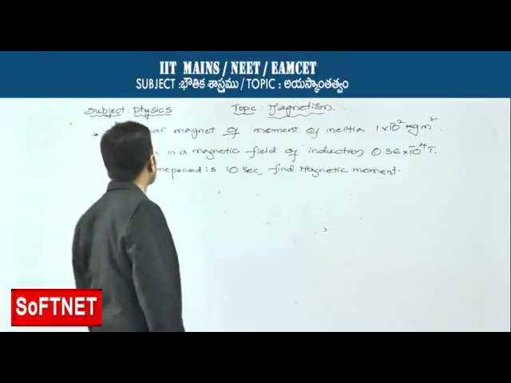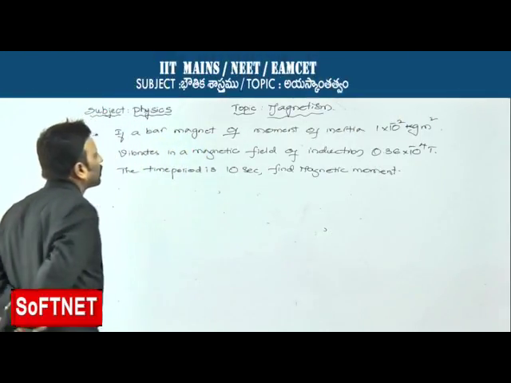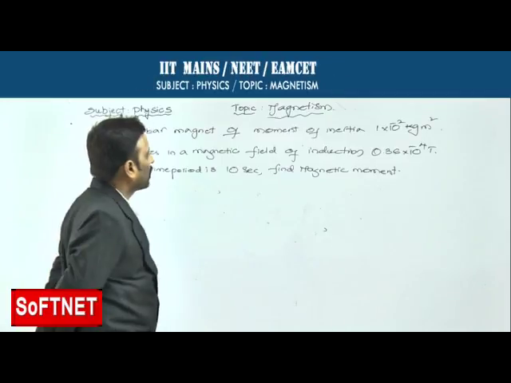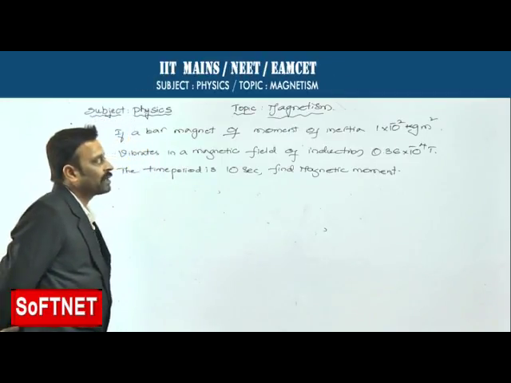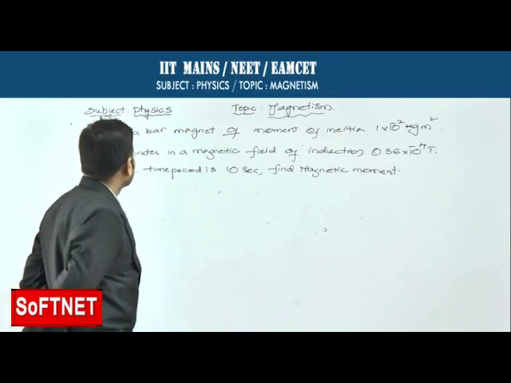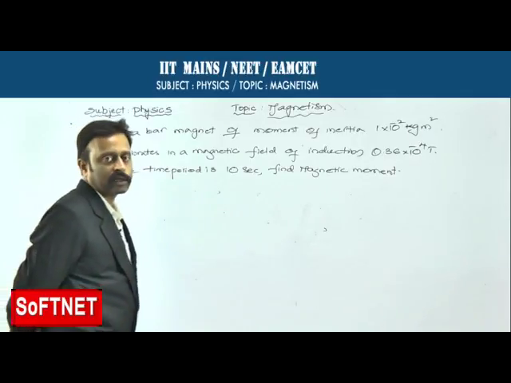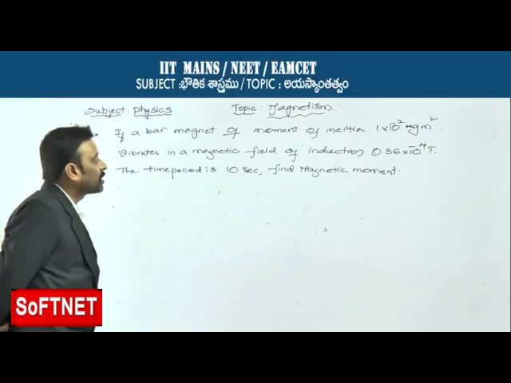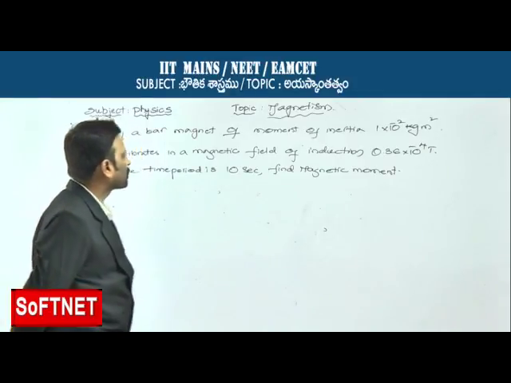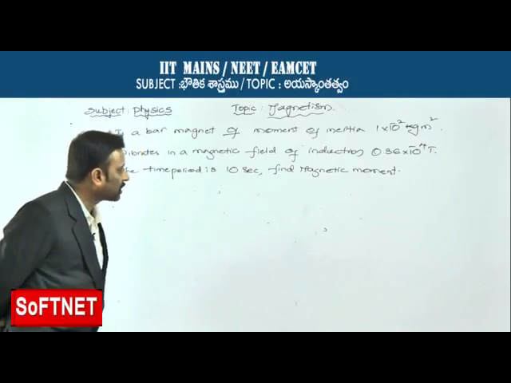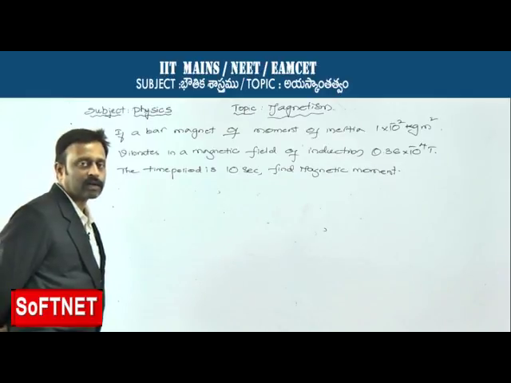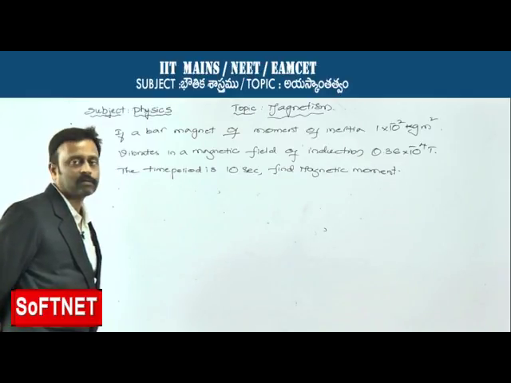Next problem: if a bar magnet of moment of inertia 1 into 10 power minus 2 kg meter square vibrates in a magnetic field of induction 0.36 into 10 power minus 4 Tesla, the time period of vibrations of the magnet in the DMM is given as 10 seconds. You are asked to calculate the magnetic moment.